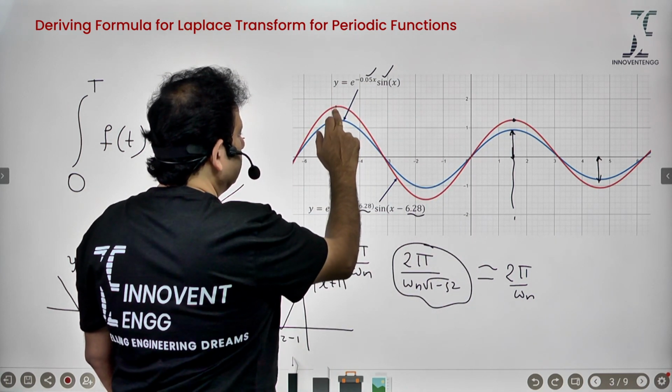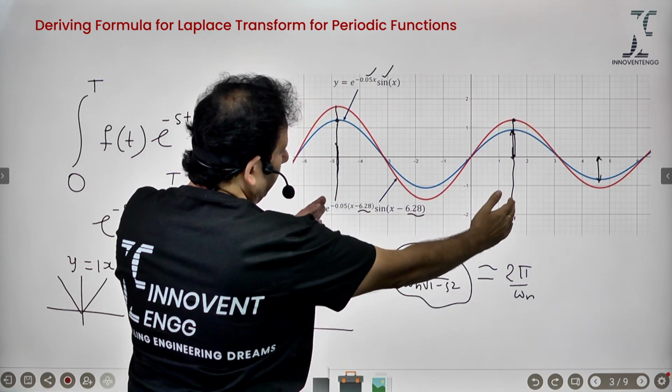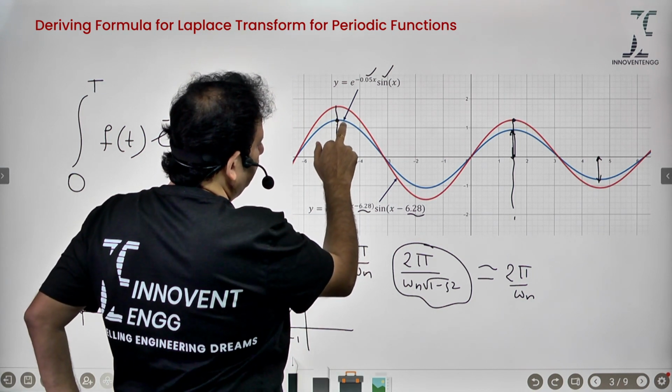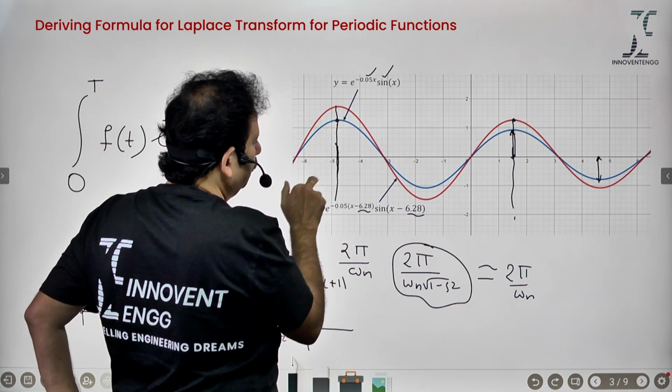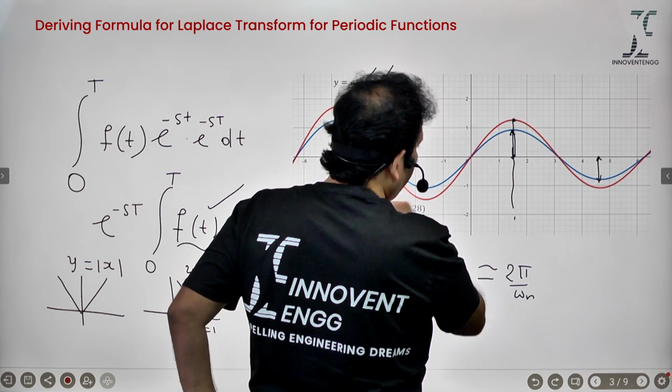Say approximately this is one point, this is another point, which are 2 pi radians apart. Whatever amplitude the blue wave had 2 pi radians before, the red wave has the same amplitude after 2 pi radians.